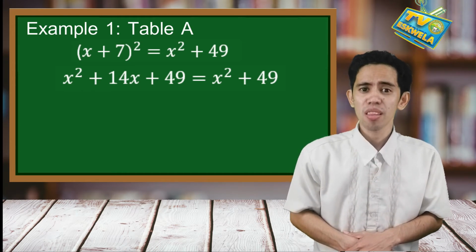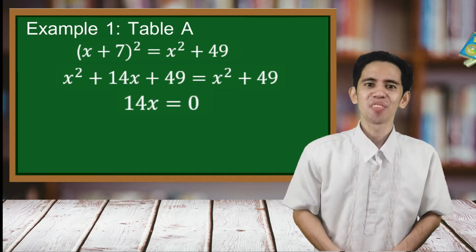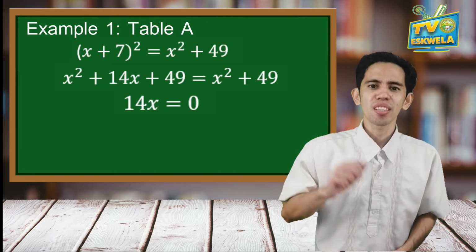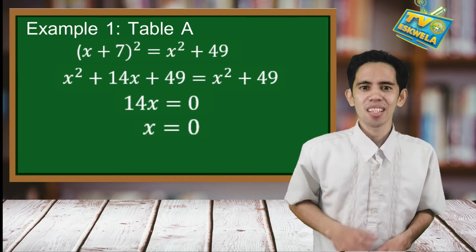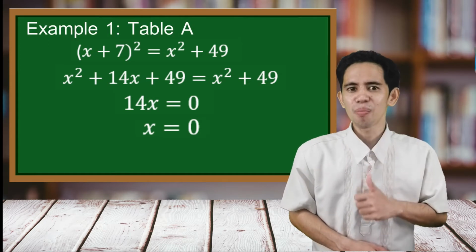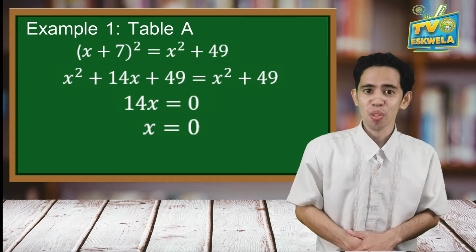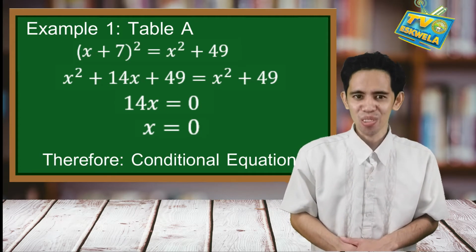We come up with 14x is equal to 0. Dividing both sides by 14, x is equal to 0. Then we can say that the example is a conditional equation because the variable x has a specific numerical value.